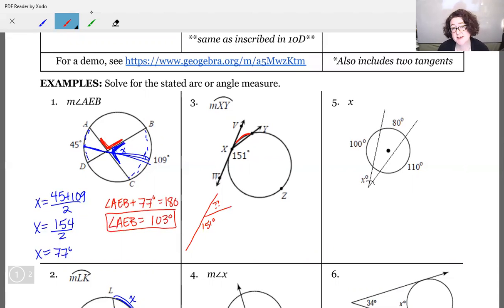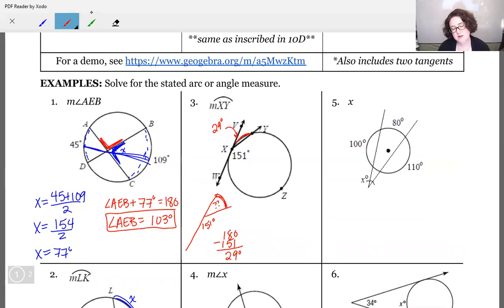Because what should those 2 angles add up to? So 180 minus 151, well, that gives me 29 degrees. So that small angle is 29 degrees. Again, that little angle of 29 degrees, what's that relationship with the arc measure?